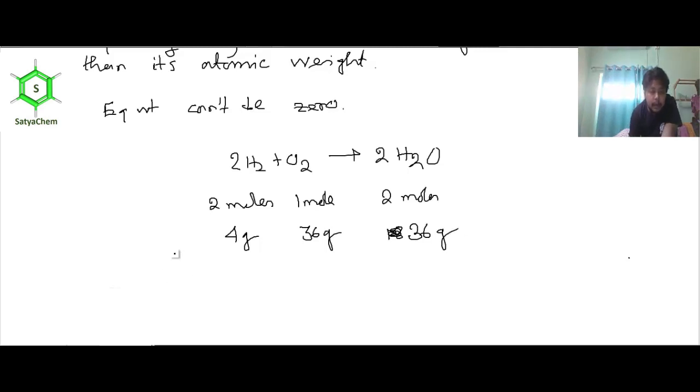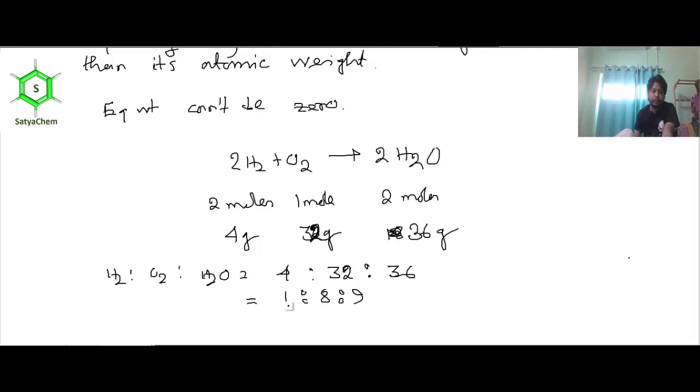So here it is evident that hydrogen, oxygen and water maintain a specific ratio, which is H2 to O2 to H2O, 4 to 32 to 36, it is 1 to 8 to 9.